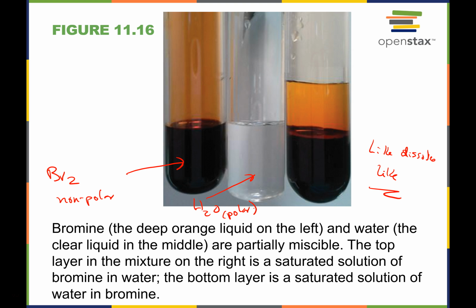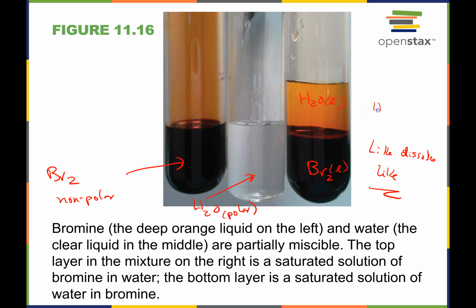Now, they actually don't want to dissolve in each other. But if this is still bromine, I love the red on the dark. If this is still Br2 liquid, and this is H2O liquid. Oh goodness, that didn't work.